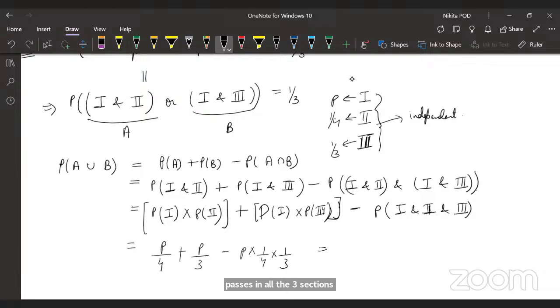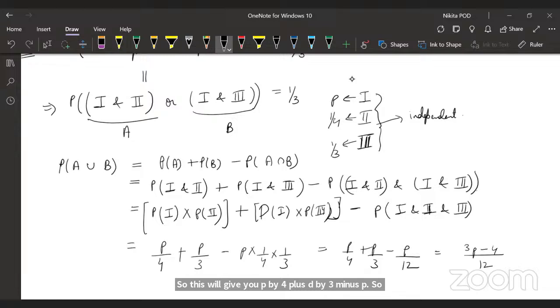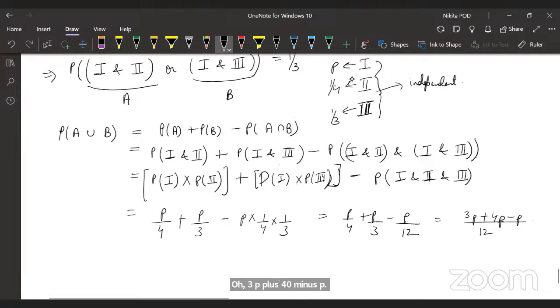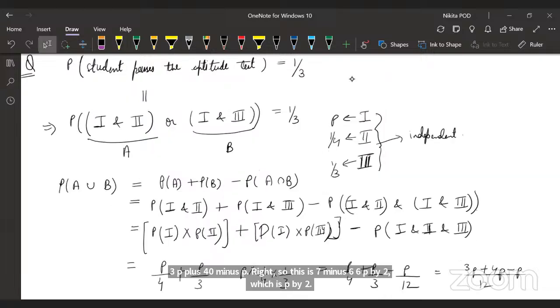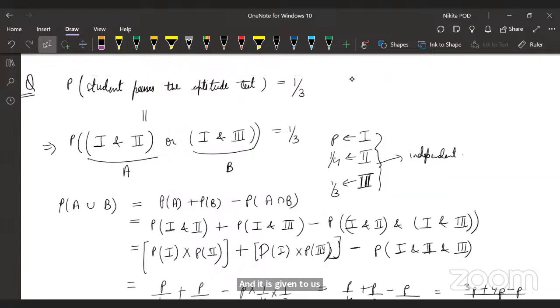So this will give you P by 4 plus P by 3 minus P by 12. This turns out to be 3P plus 4P minus P over 12, which is 6P by 12, which is P by 2. It is given to us that the probability a student passes is P by 2. So P equals 2 by 3, which is 0.67.